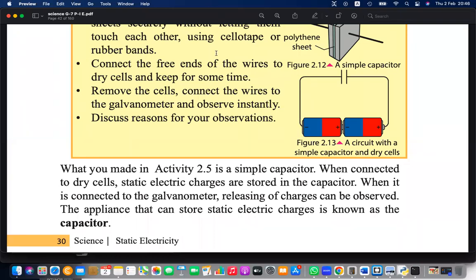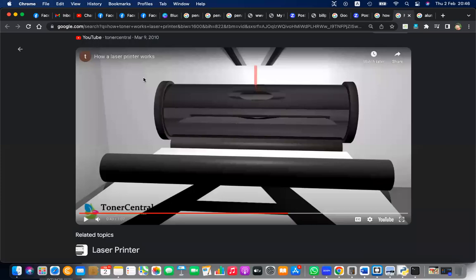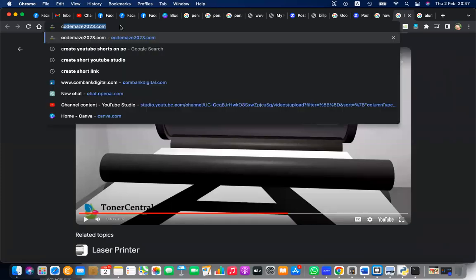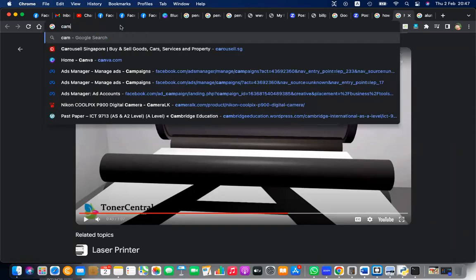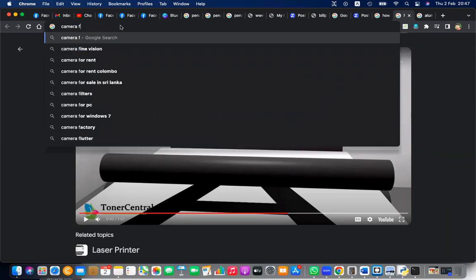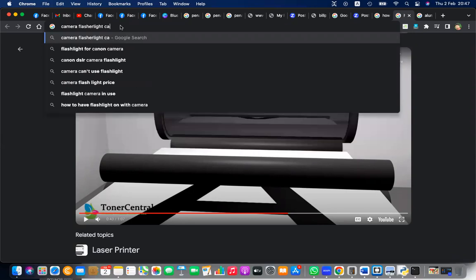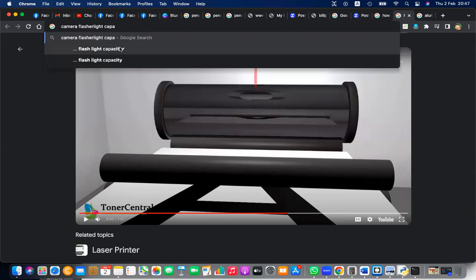Actually, because of this capacitor, sometimes, do you know the flash of these cameras? Camera flashes. Have you seen camera flashes? Those flash speed lights, they call them flashes. These have capacitors.